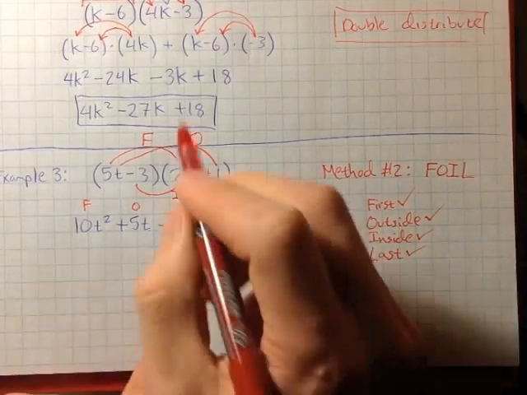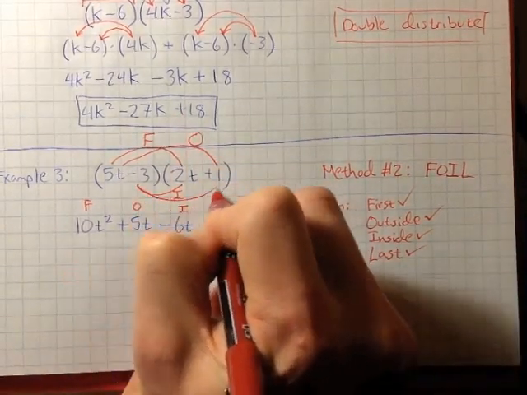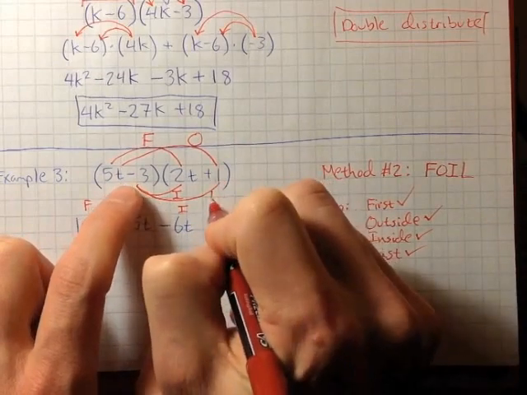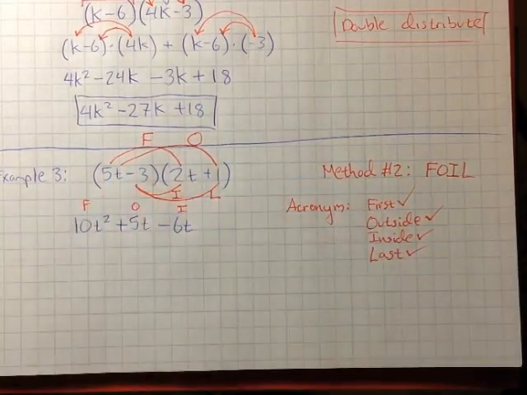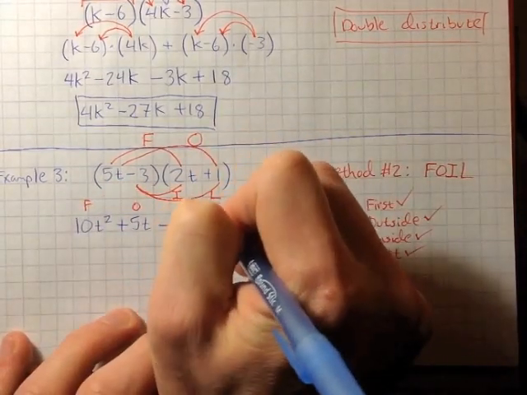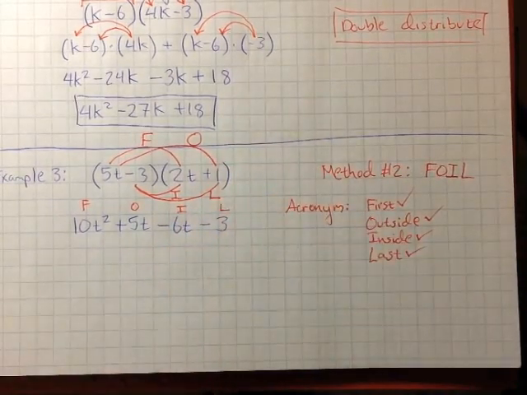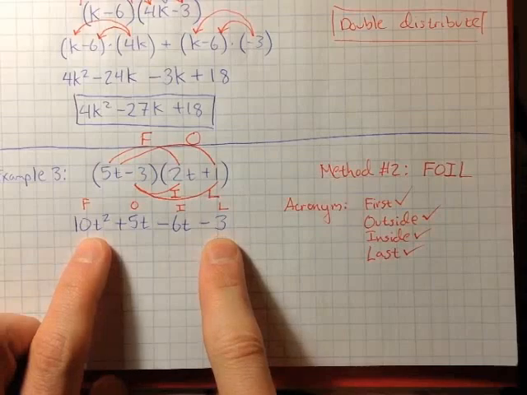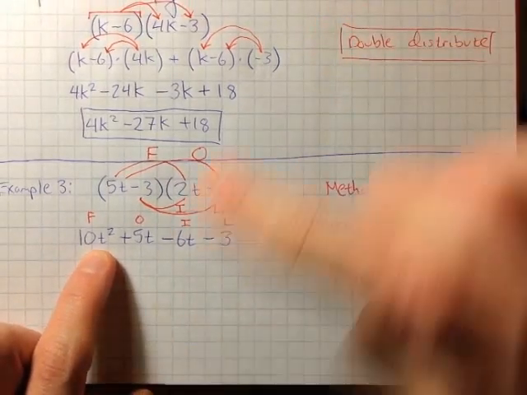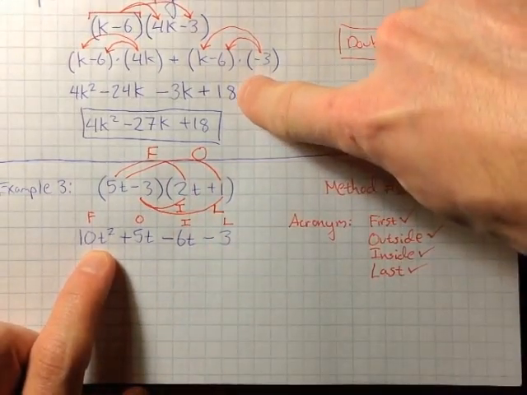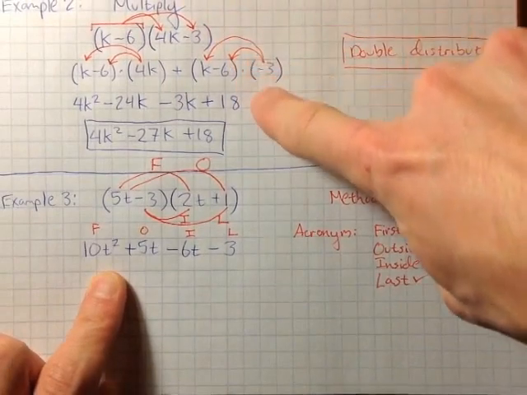The last two terms are negative 3 and 1. Negative 3 times 1 is negative 3. Now, notice that we get something that looks very similar to what we got up here after doing double distribute.